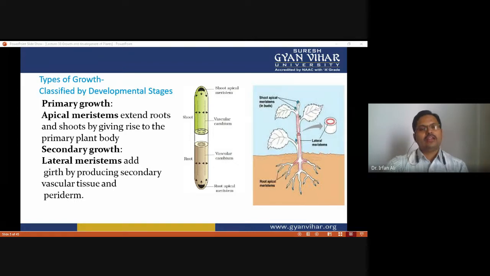In secondary growth, the lateral meristem adds girth by producing secondary vascular tissue, that is secondary xylem, secondary phloem, and periderm. This leads to increased girth of the plant. Both types of growth are essential in the overall growth and development of the plant.